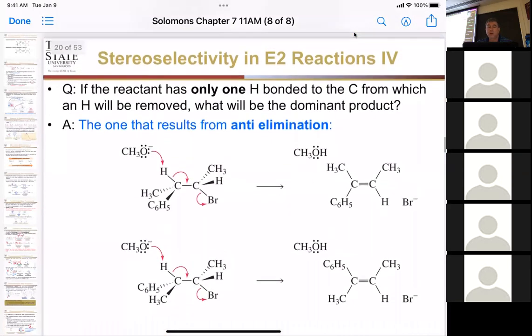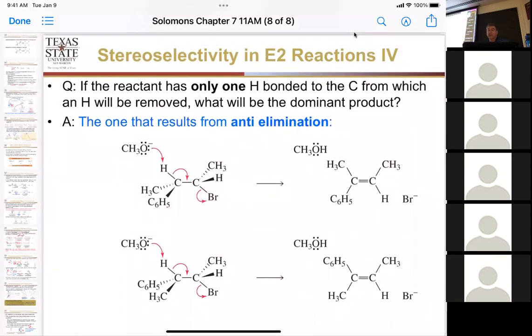Okay, so let's look at the stereoselectivity of this product here, okay? If the reactant has only one hydrogen on a carbon that could be removed, what would the dominant product be?